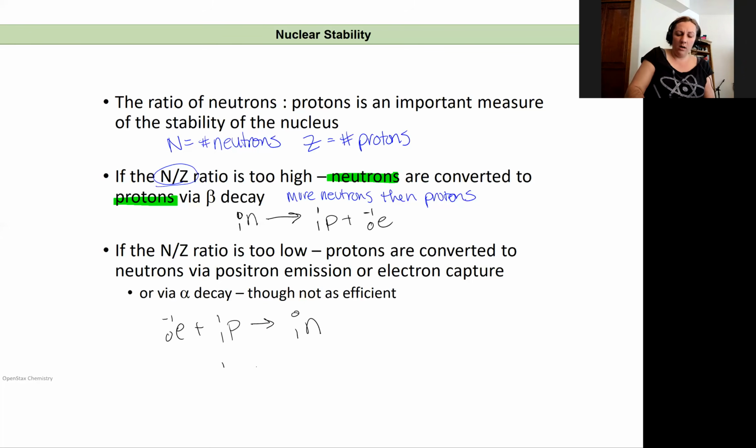Or our proton can be converted into a neutron by separating its charge from its mass and emitting what we call a positron particle, which is just a positive electron, essentially. Either of those would work. We could also do it through alpha decay, which takes a lot longer, but that's another option as well. These types of decay we're going to talk about here in another lecture or two.